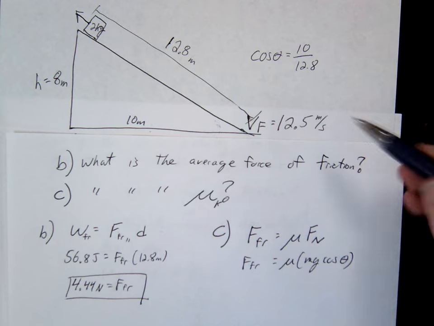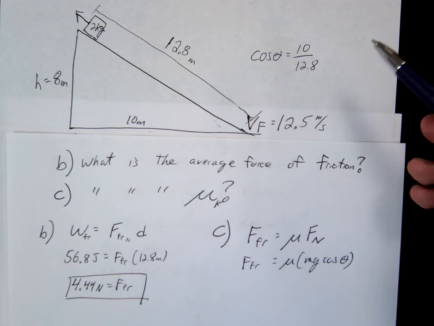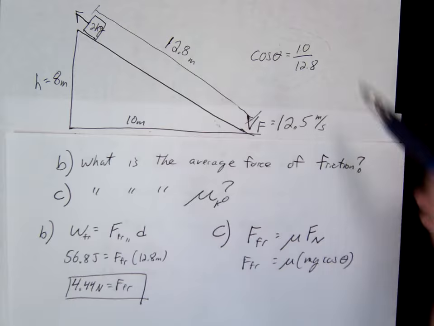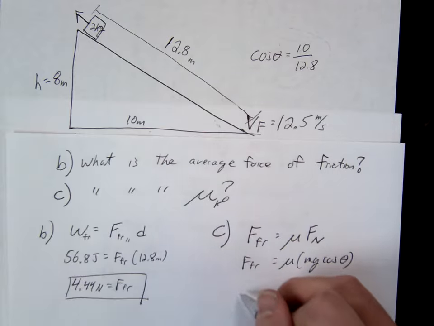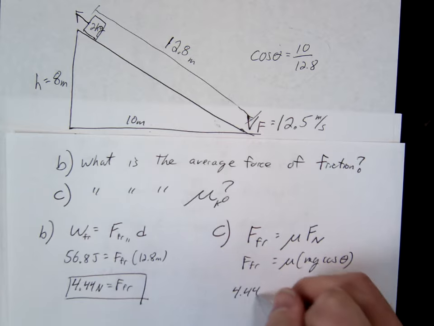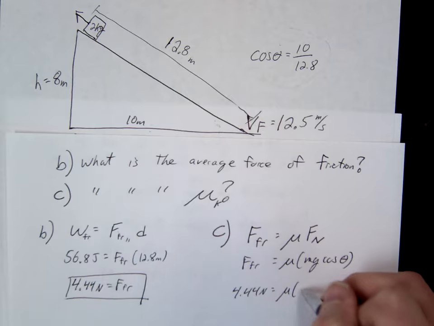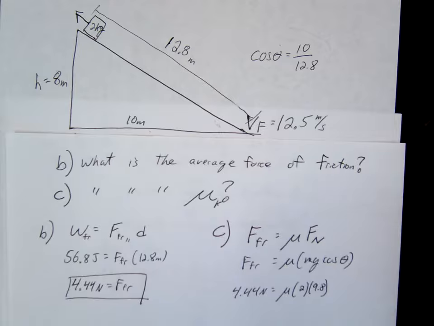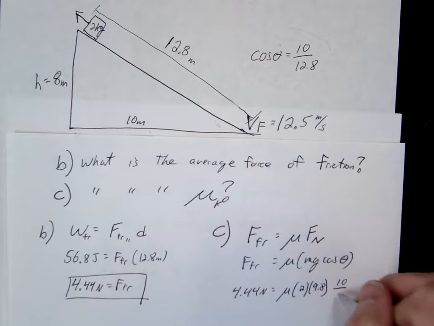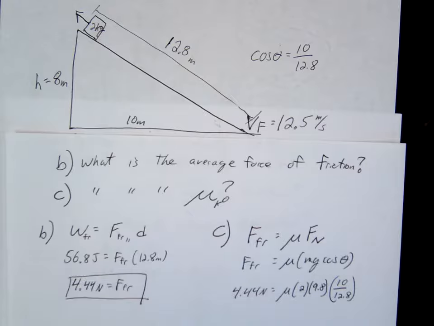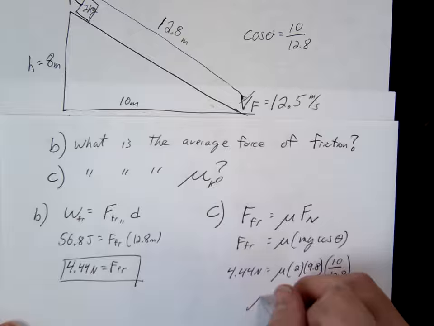So if you want to save yourself a step, you could just plug that in here. So I'm going to do it like that. If you don't feel comfortable with this, that's fine. Just find the angle first and then take the cosine of the angle. And we'll all get the same answer. What are you guys getting? 0.229.